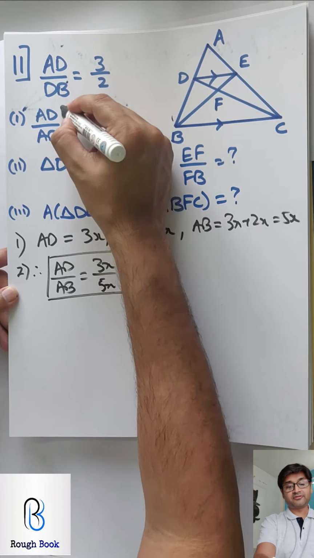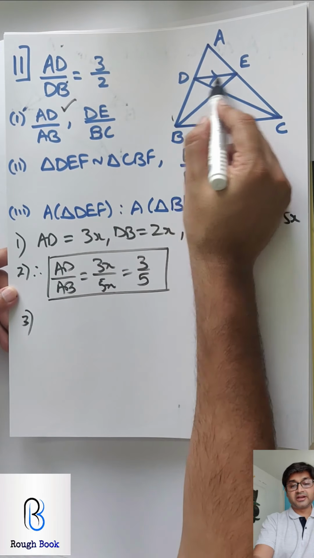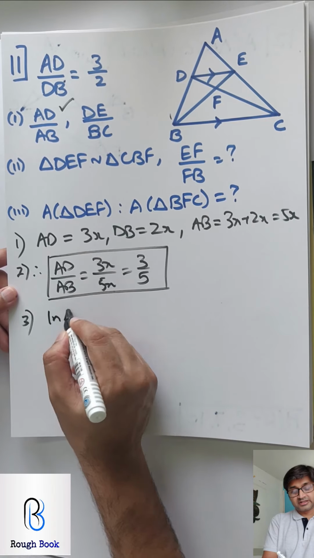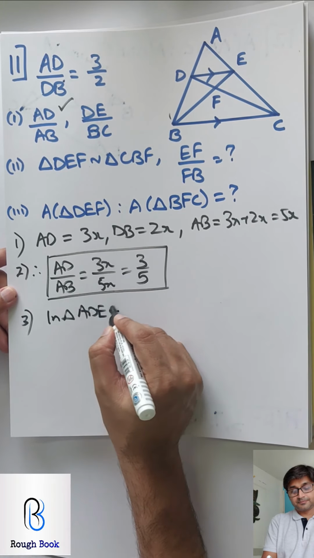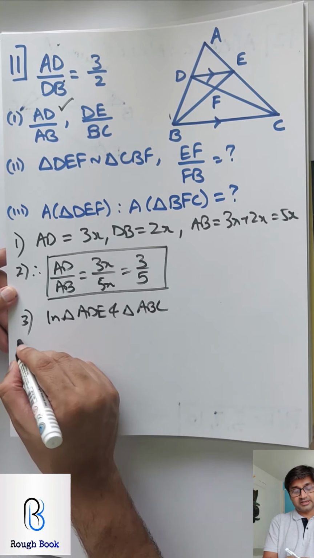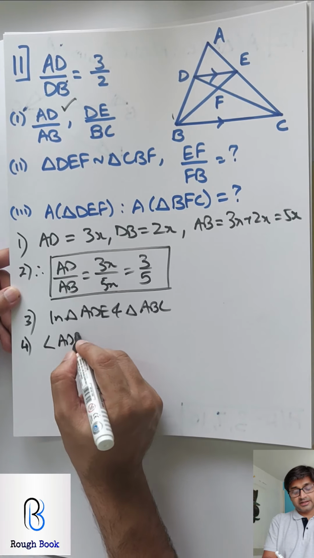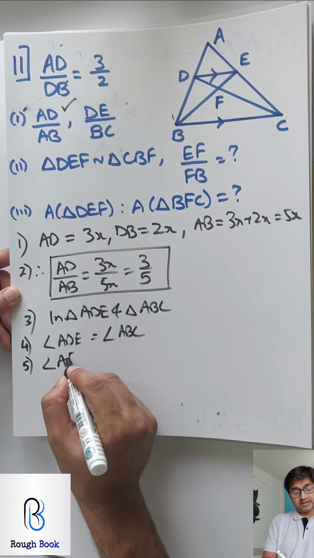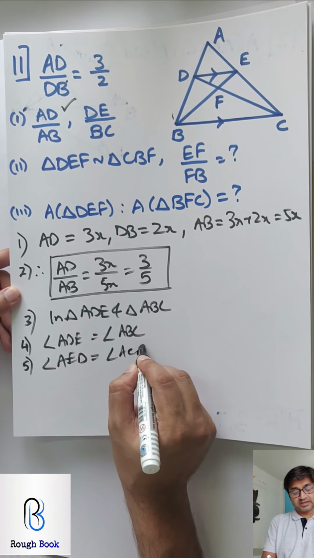So we managed to get our first answer. For the second part, DE and BC, I'll have to prove these two triangles similar. So I will say in triangle ADE and triangle ABC, angle ADE equals ABC, AED equals ACB.